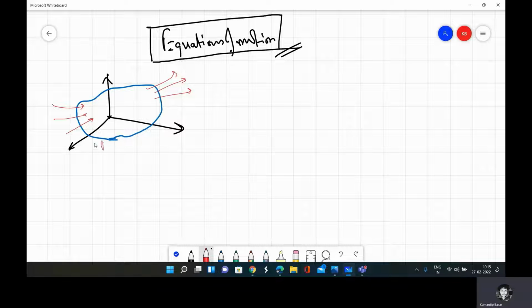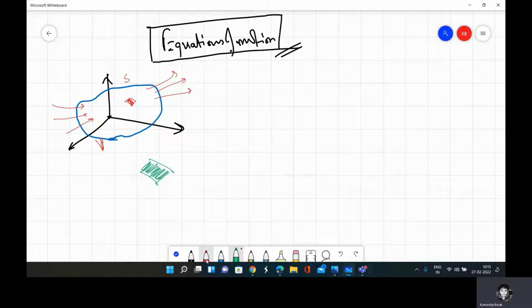This is the volume V. It has a surface area of S, and let us take a surface element right here, and let us draw this. I am zooming a bit here to understand it clearer.